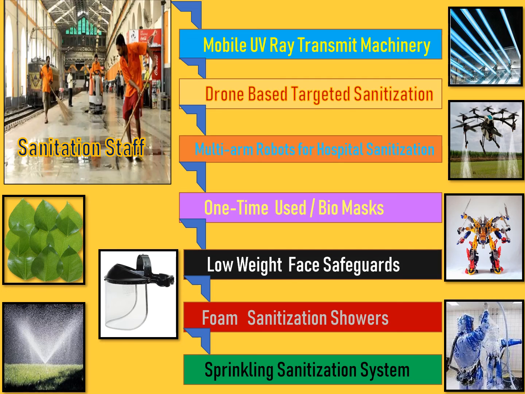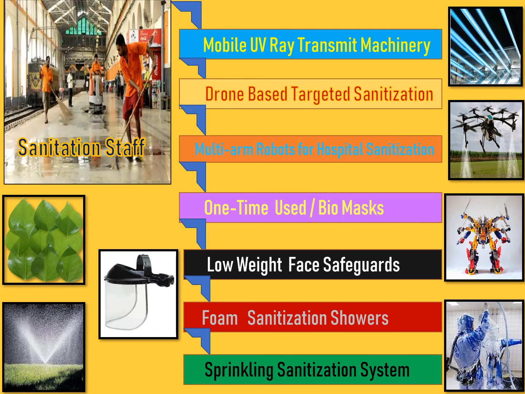One more important thing here is sensor based showers, which can provide foam based sanitization for the workers. For this purpose, we may have a mobile or even a temporary room, a kind of facility in major areas where the staff can do quick cleaning soon after completion of their duties, and then go to their respective houses.